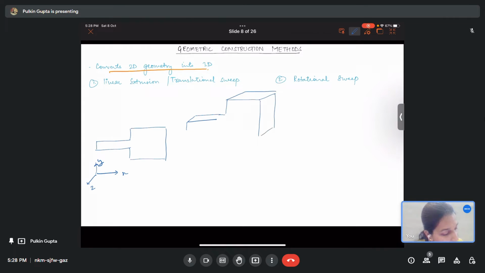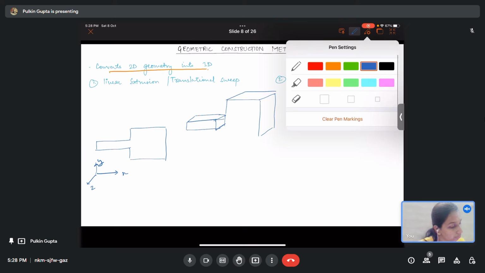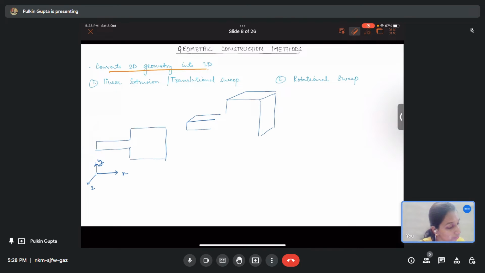Alright. So this is now your 3D part. You have extruded in the Z direction.